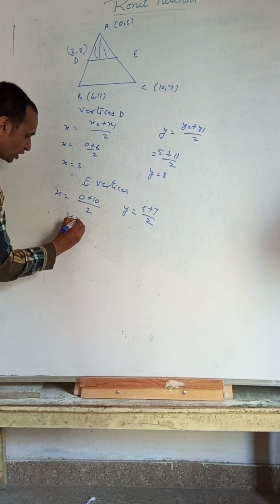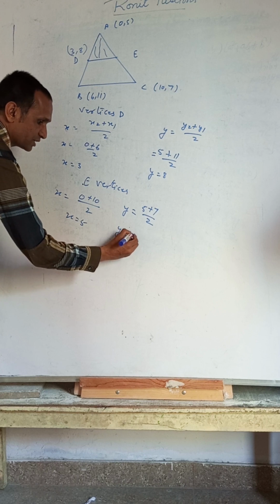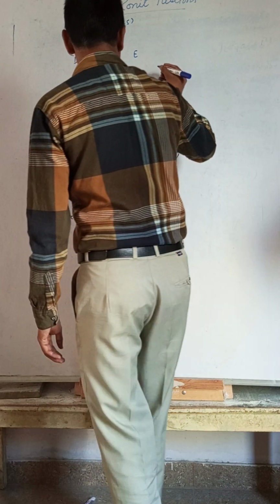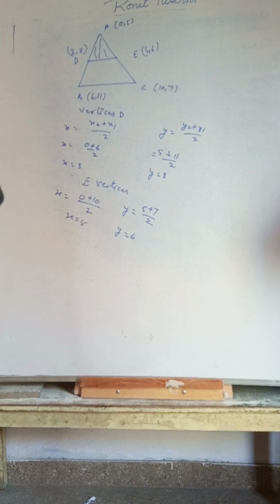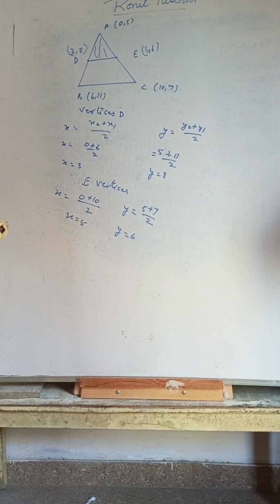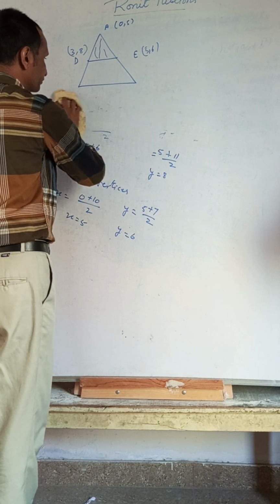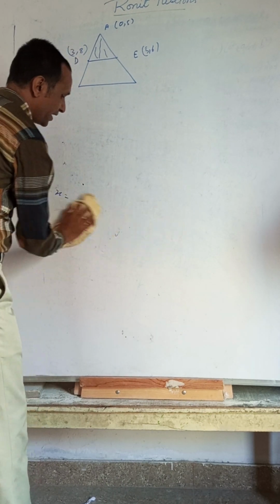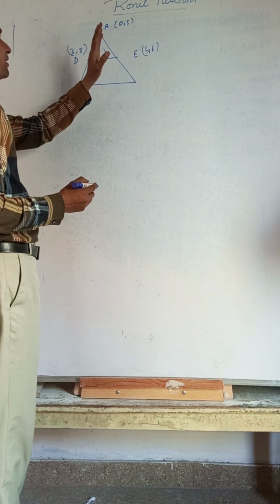So here X is equal to 5 and Y is equal to 6. So here we got the point (5, 6) by the midpoint formula. Now we are going to find the area of the given triangle ADE.